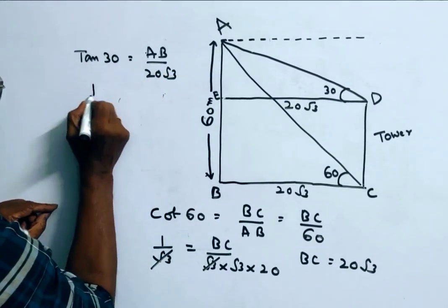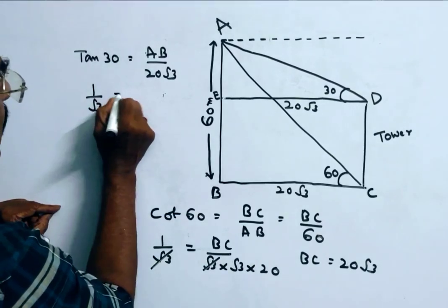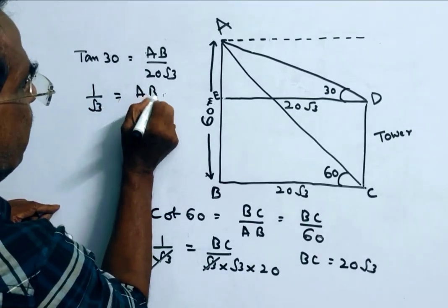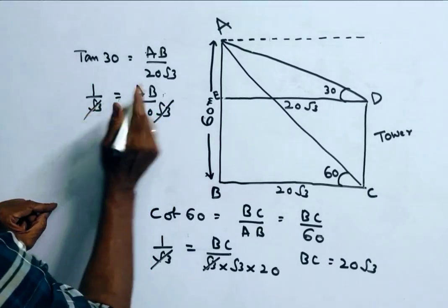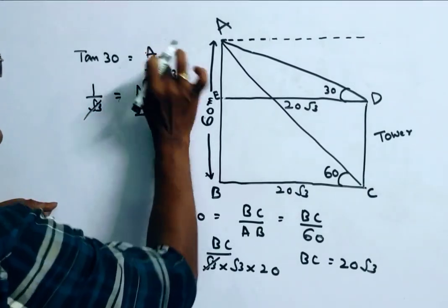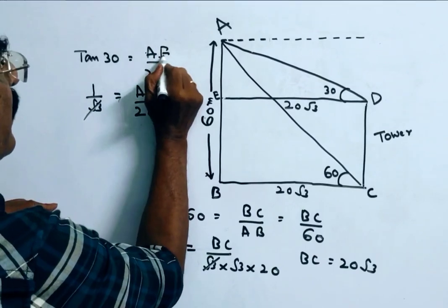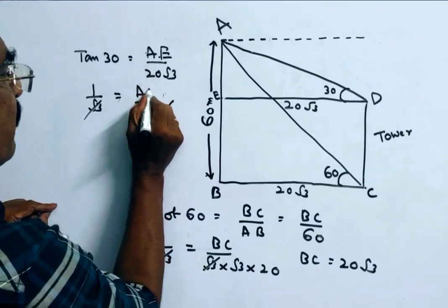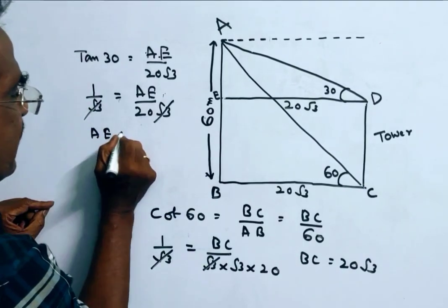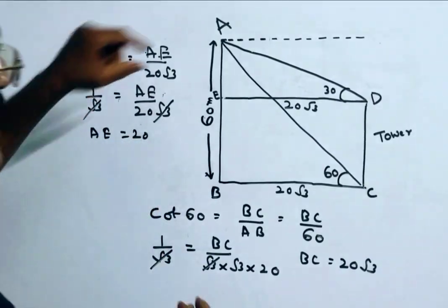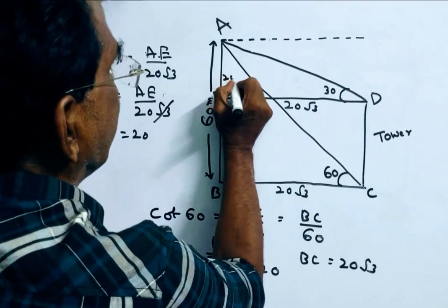Friends, tan 30 is 1 by root 3. So 1 by root 3 is equal to AE by 20 root 3. Root 3 gets cancelled. Friends, this is AE. AE is equal to 20, friends.